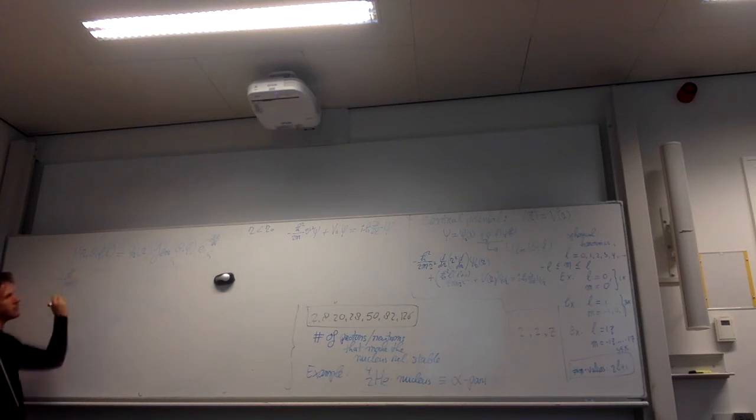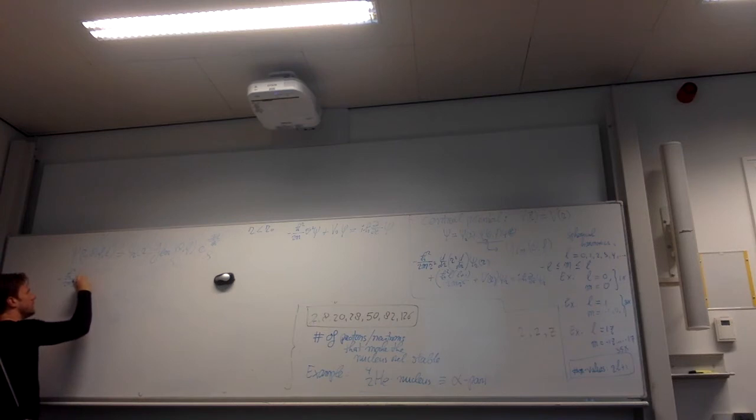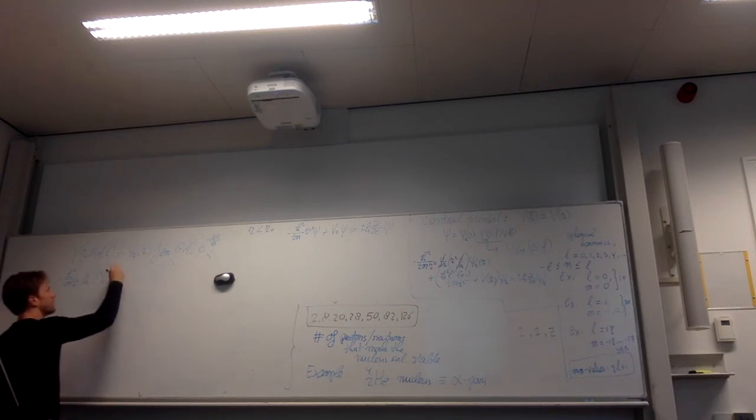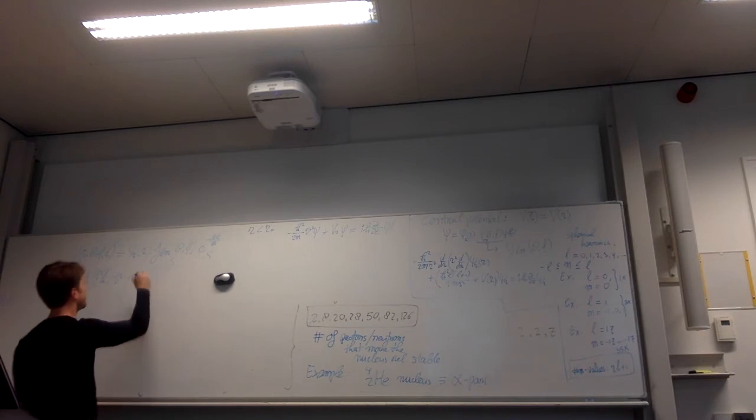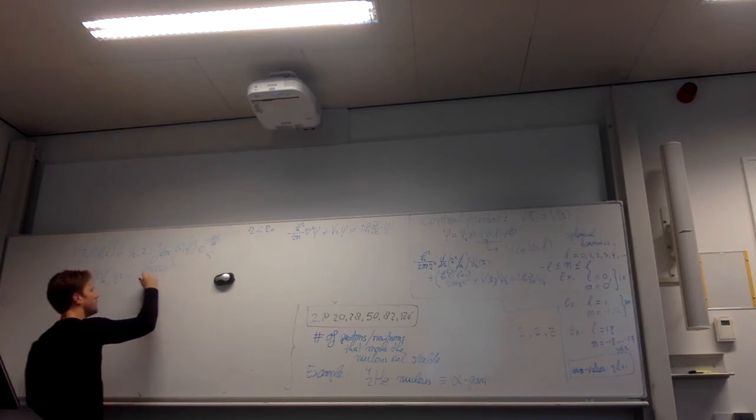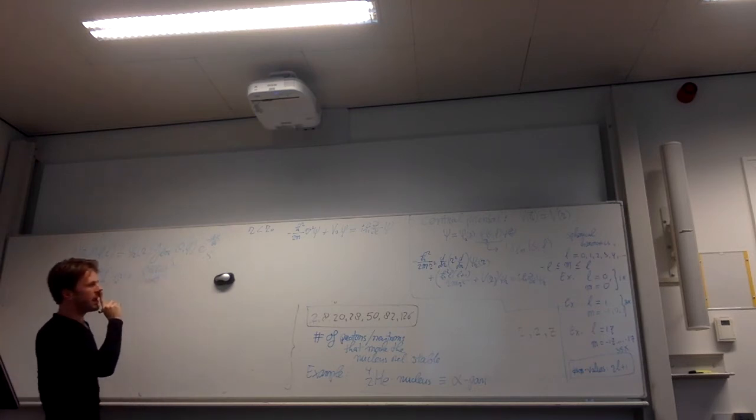R squared, if memory serves, d/dR, another R squared, another d/dR, psi(R), plus that part, h-bar L(L+1). Again, if you don't know where that comes from, that's one of the homework exercises to figure that out.